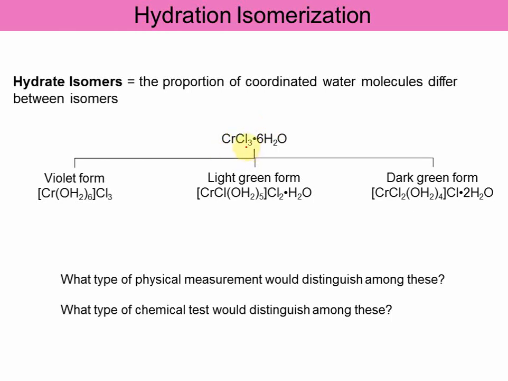There is the violet form that has 6 water molecules bound to the chromium, and you have 3 chloride ions balancing out the charge. There is a light green form that has 5 water molecules bound to the chromium with 1 chloride bound. And then there is a dark green that has 4 waters and 2 chlorides bound to the chromium. And you have the chloride counterion.